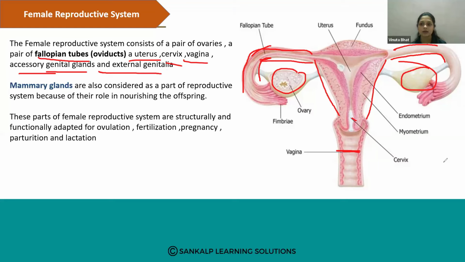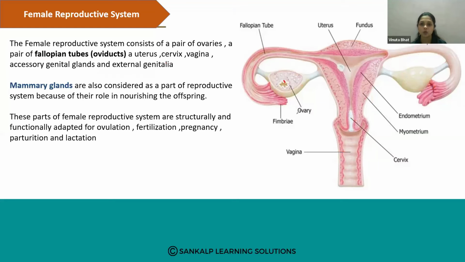So these all constitute the female reproductive system: ovary, a pair of oviducts or fallopian tubes, uterus, cervix and the vagina. Okay. Then the mammary glands are also considered a part of the reproductive system because their role is nourishing the offspring.